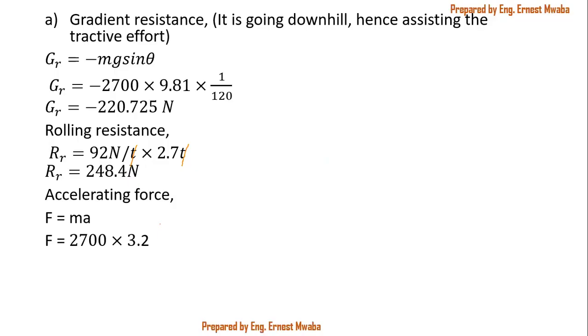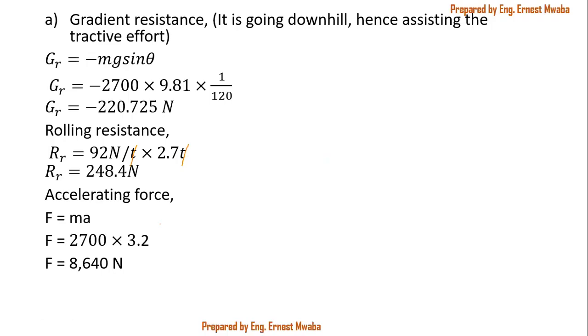Now, this truck is going to accelerate. So we have an accelerating force, which is F is equal to ma. So our m is 2,700, acceleration 3.2. So our accelerating force, therefore, is 8,640 newtons.